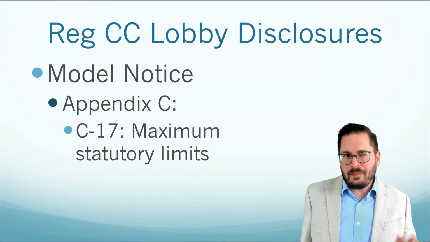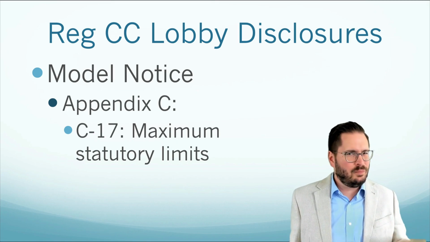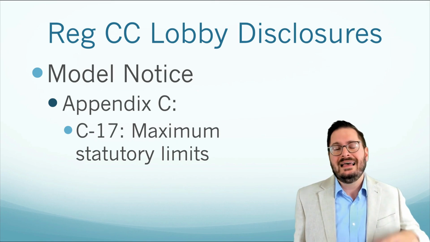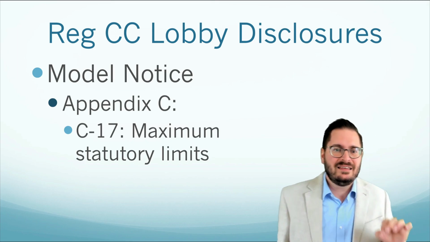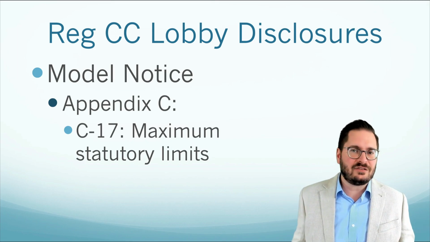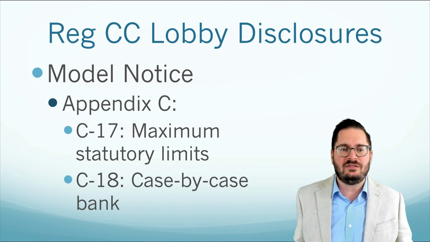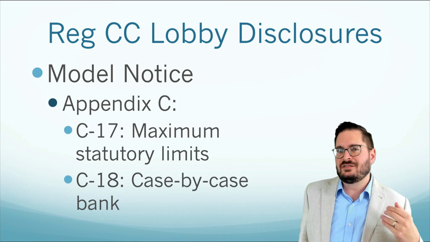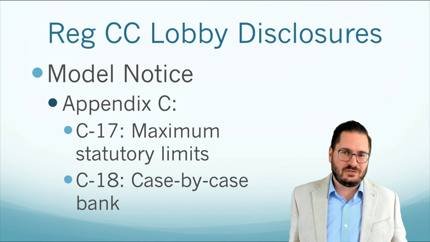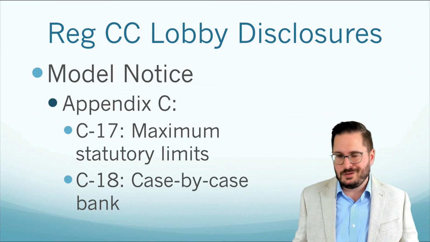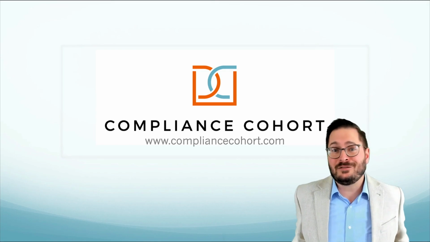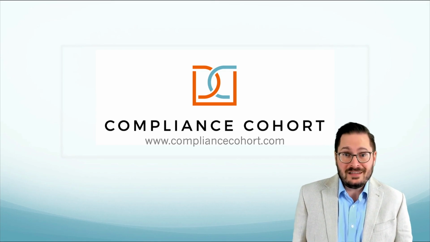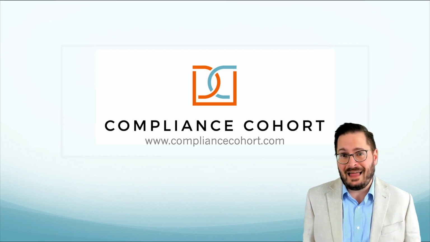So a few banks may provide a blanket hold policy where they provide holds on all deposits, and in that case you'd be using this C17 form, but most financial institutions don't do that. What they do is use C18, which is for financial institutions that use case-by-case holds, and that's the model form that you would use. So I hope that answers any questions you have relating to the Regulation CC notices that are required to be placed in the lobby.